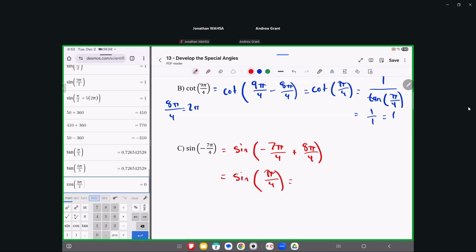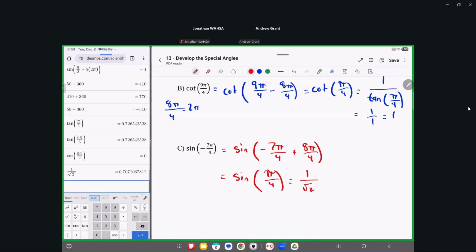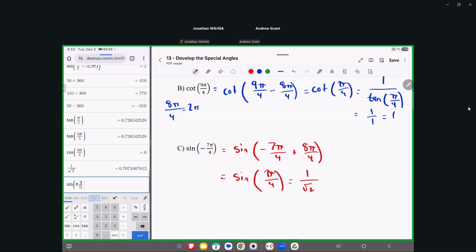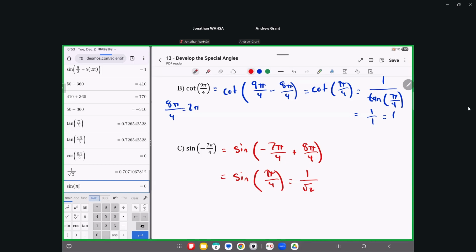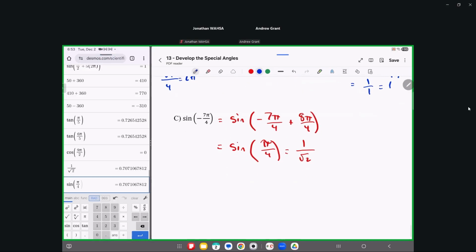And sine of pi over 4 was the same thing as 1 over root 2. So if I take 1 divided by root 2, this is the same thing as sine of pi over 4 in radians.